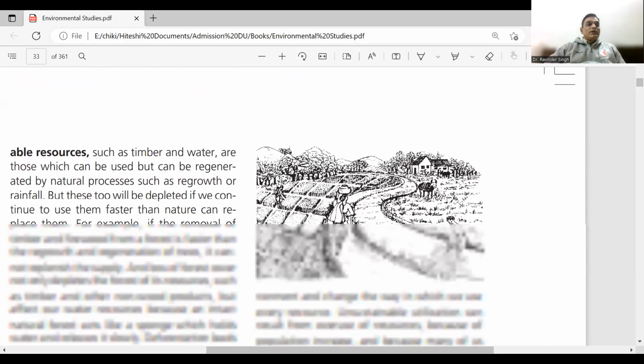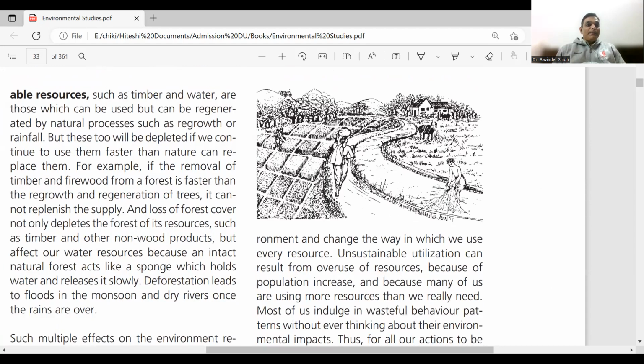Renewable resources such as timber and water are those which can be used but be regenerated by natural processes such as regrowth or rainfall. But these too will be depleted if we continue to use them faster than nature can replace them.